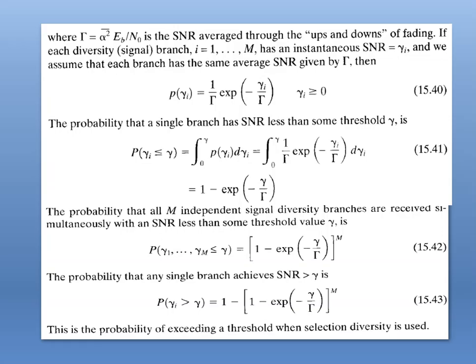The probability that any branch achieves SNR greater than gamma is 1 minus the above expression, that is 1 minus [1 minus exponential of minus gamma by tau] whole power of m. So this is the probability of exceeding the threshold when selection diversity is used. It is one of the best diversity techniques to estimate the probability of error based on the thresholding concept.